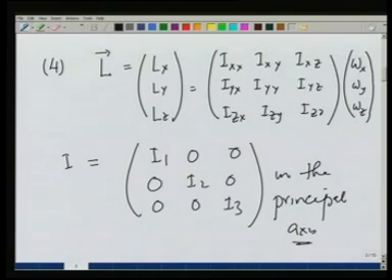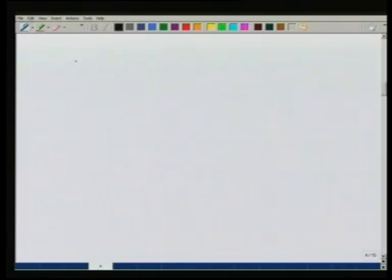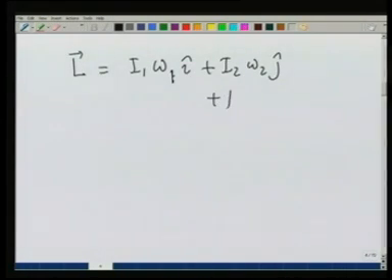And in that case the components of L become very simple: I1 omega 1 along direction 1, I2 omega 2 along direction 2, and I3 omega 3 along direction 3.